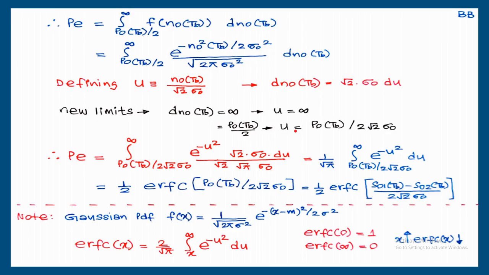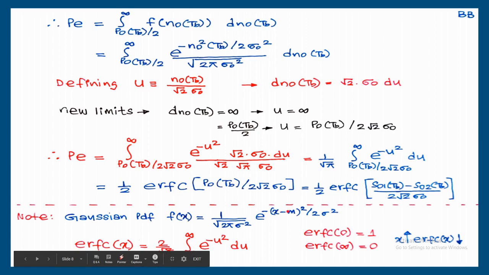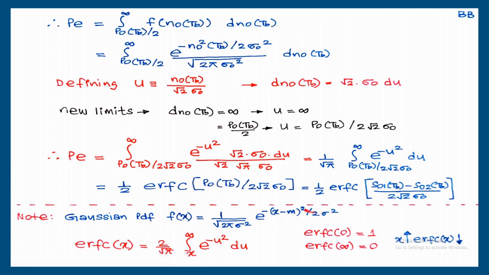That is going to be shown in the next line. Probability of error is equal to the integral from P0(Tb)/2 to infinity of f(N0(Tb)) dN0(Tb). That is again the integral from P0(Tb)/2 to infinity, with substitution of the Gaussian PDF. The Gaussian PDF is shown here: f(x) is equal to 1/sqrt(2 pi sigma squared) e raised to minus (x minus m) squared upon 2 sigma squared. In this case m is equal to 0, so there is no m term, and the random variable x is N0(Tb), and on the output side it is sigma 0.